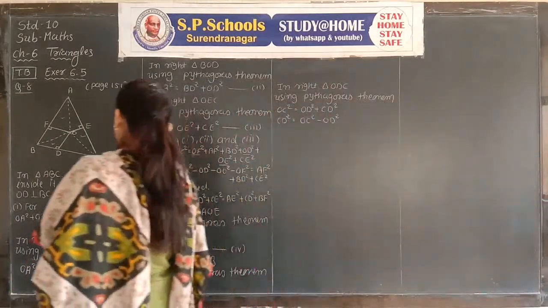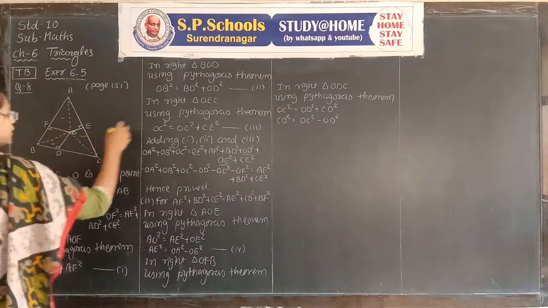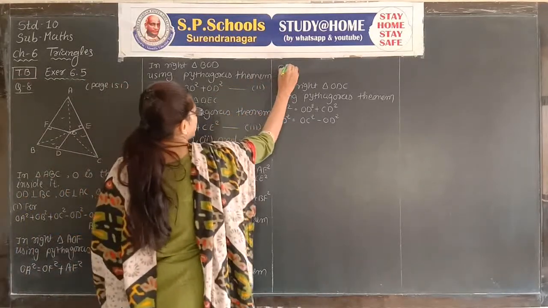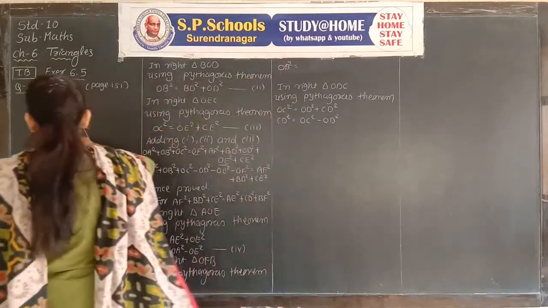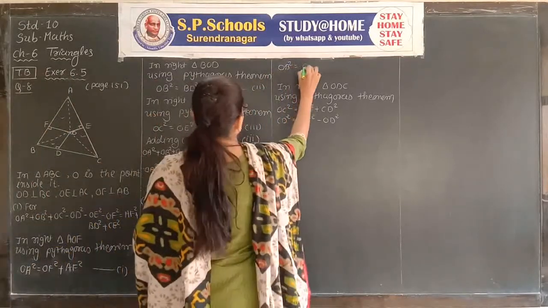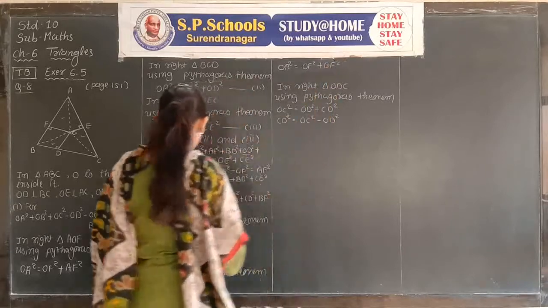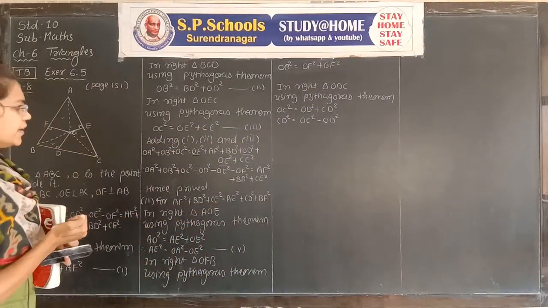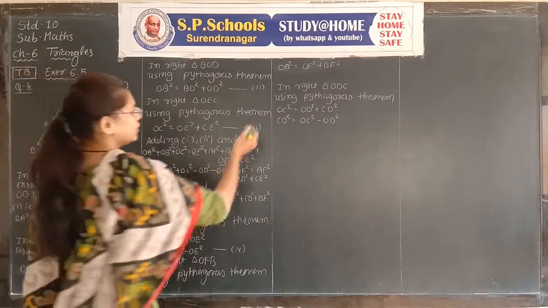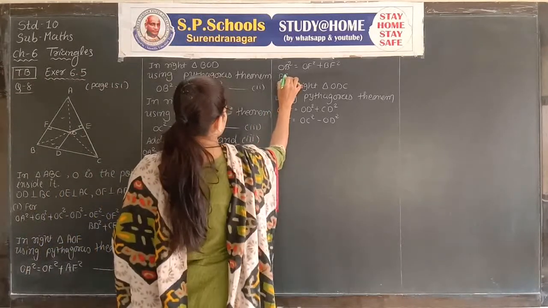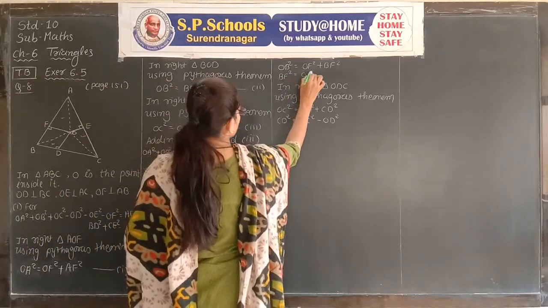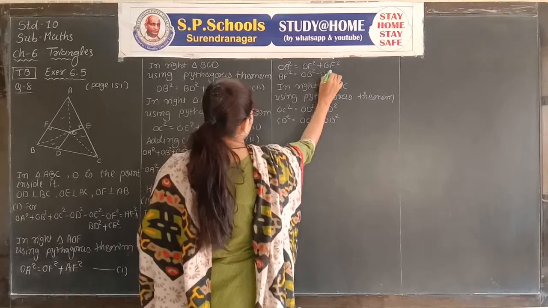In right triangle OFB the hypotenuse is OB. Square of OB is equal to OF square plus BF square. So that we require BF square, making BF square as a subject. BF square is equal to OB square minus OF square.